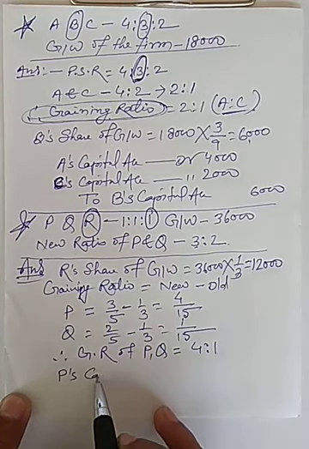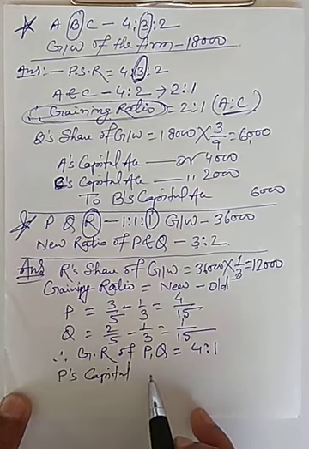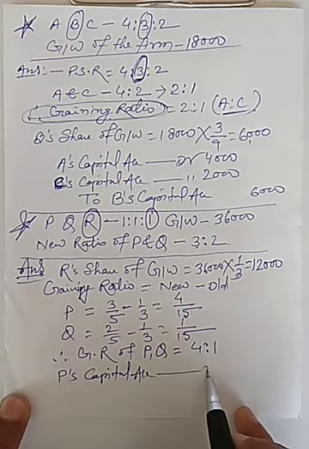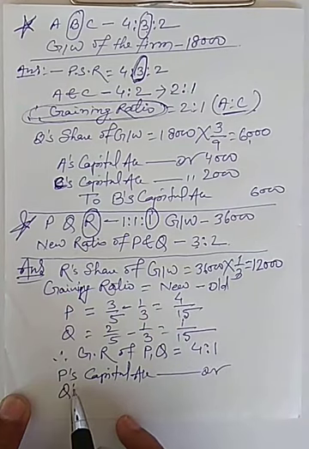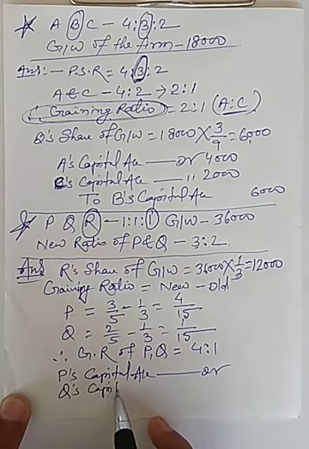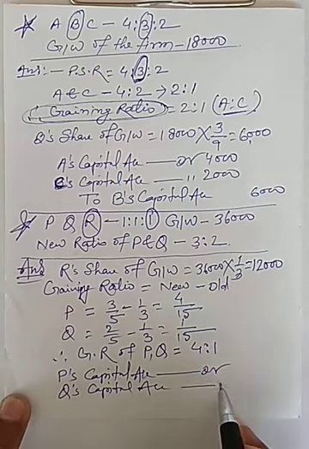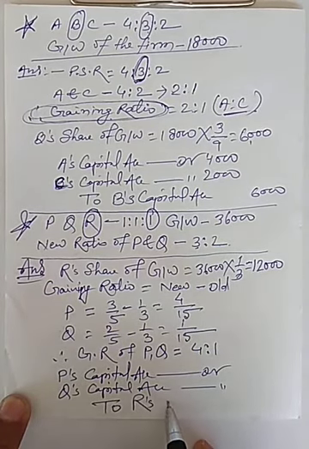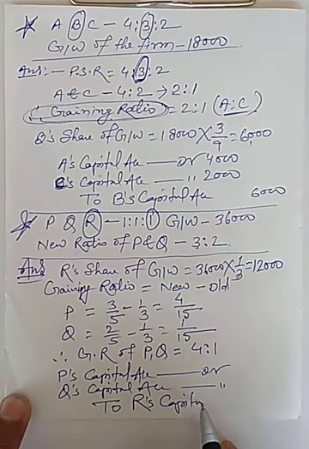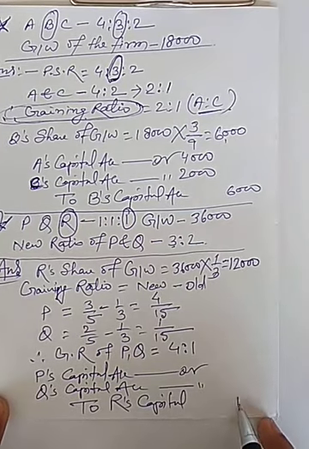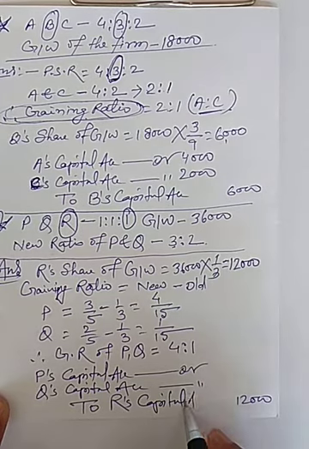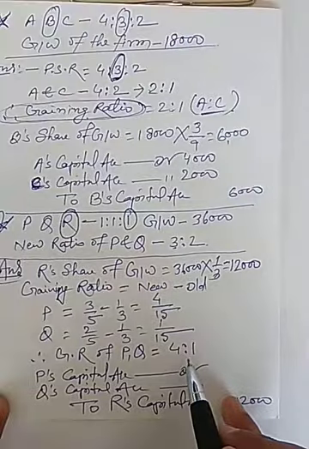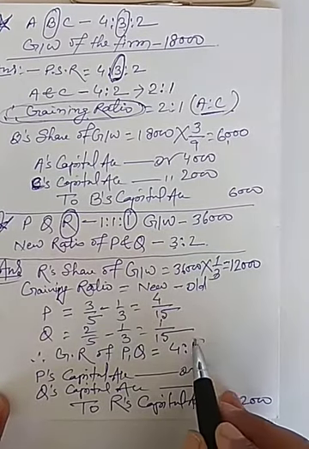P's capital account DR, Q's capital account DR to R's capital account. Amount will be 12,000, and it will be shared by P and Q in the gaining ratio.